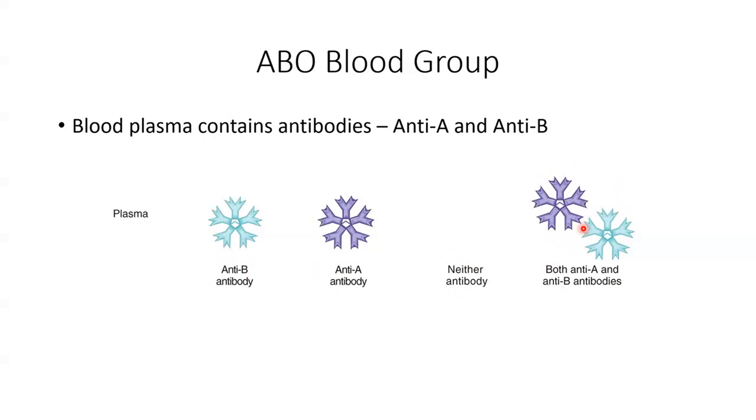Now, where this blood type gets important is that our blood plasma contains antibodies which react with the A and B antigens. So we have anti-A antibodies that react with antigen A and anti-B antibodies which react with antigen B. Now, when a red blood cell comes into contact with a specific antibody, that antibody binds to the antigen and it causes clumping, or agglutination.